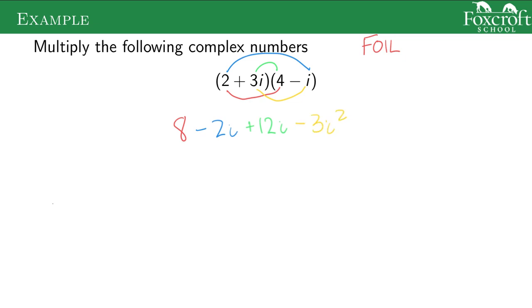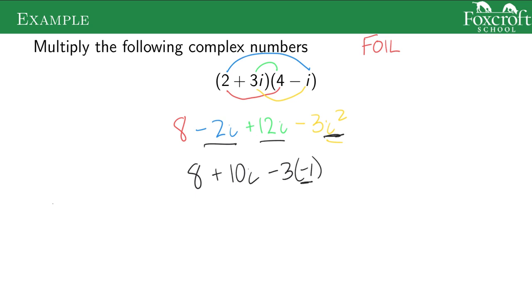Now there are two simplifying steps we have to do to get our final answer. We have to combine like terms, since both of these terms just have a single i, and then we have to remember that i squared is negative 1. We'll do both of those in this next step. We have 8, which is all by itself right now. Negative 2i plus 12i is plus 10i. And negative 3i squared is negative 3 times negative 1, since i squared is exactly negative 1.